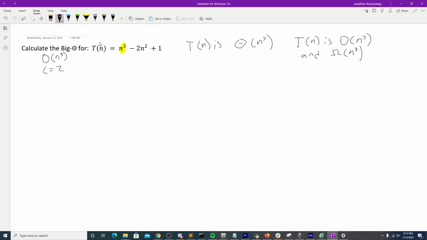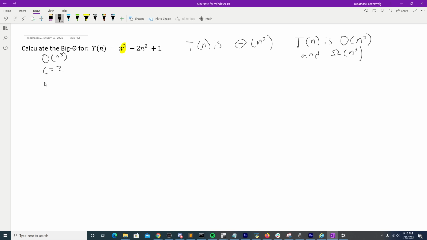There will be some cases where c times f of n equals T(n) has no solutions. And the second case where it's not a good idea is if the equation is just difficult to solve. So I'm going to approach finding n naught a little bit differently for these examples.